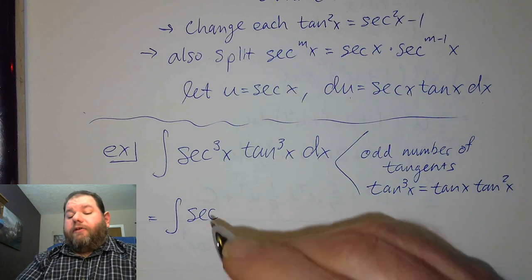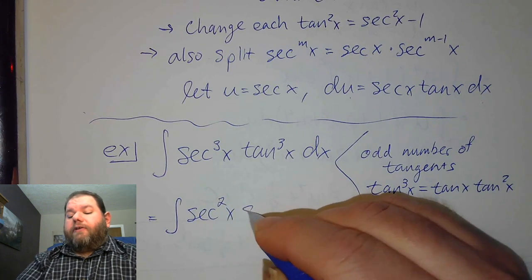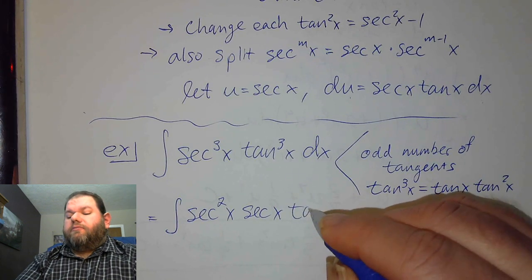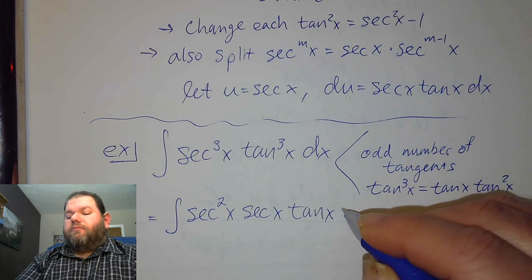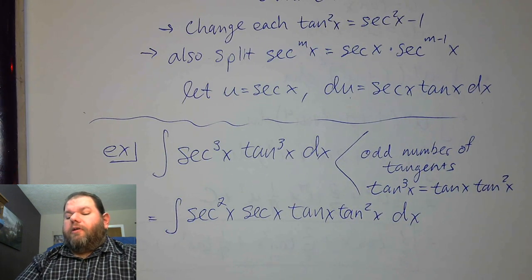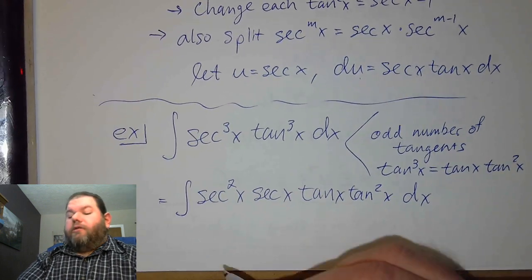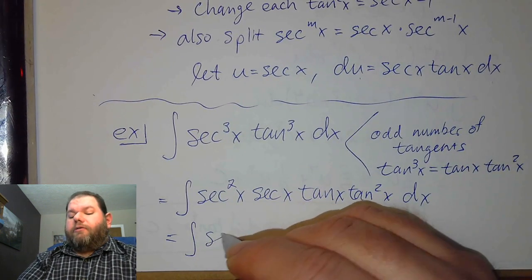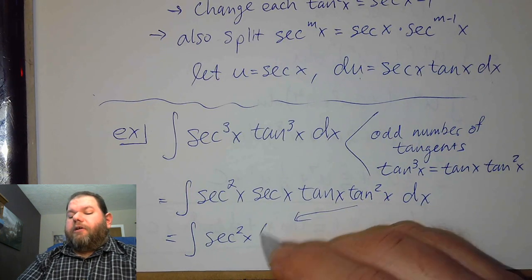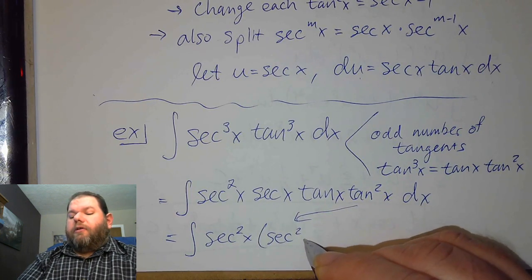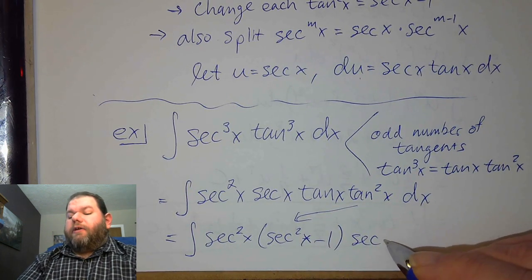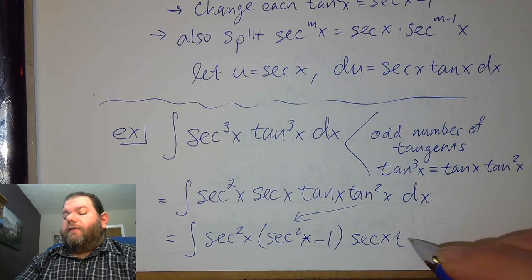We're also going to take secant cubed and split it up into secant squared x times secant x. We'll leave secant squared alone, but our tangent squared x will become secant squared x minus 1, and we still have our secant x tangent x dx.